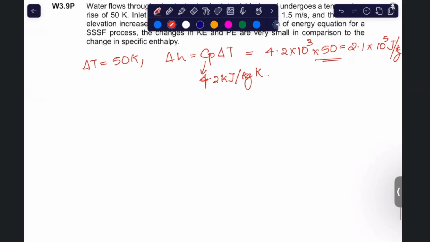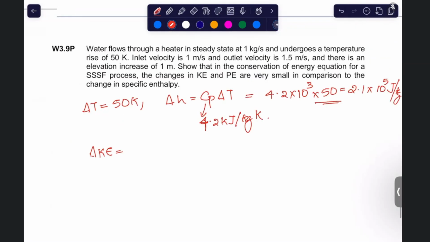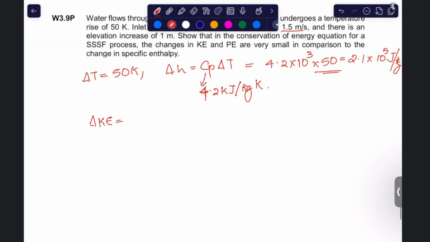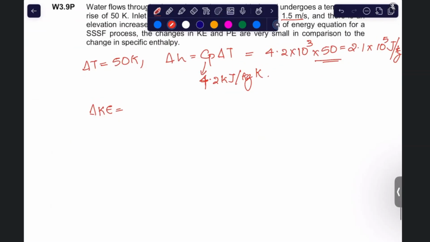Now, change in kinetic energy per unit mass. Delta KE equals, so inlet and outlet velocities are given. So mass is not required.